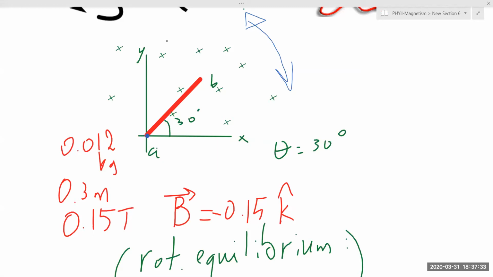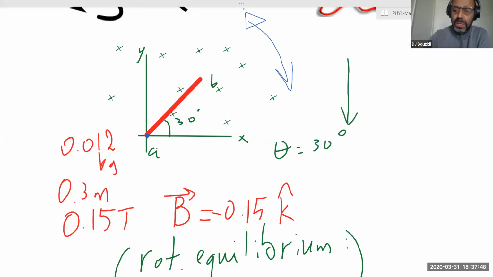We said we're rotating around A, right? The force would be mg, and I agree with you that it's mg and pointing down. So this is the value of the gravity force.